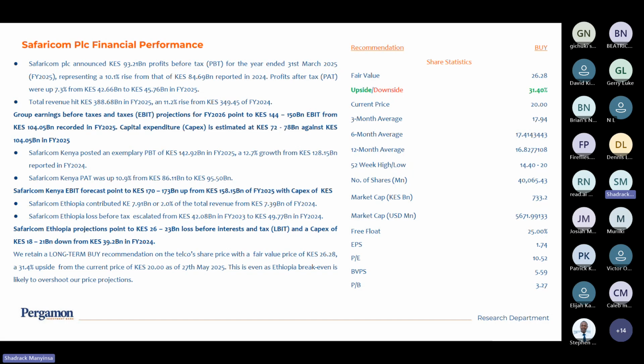The company itself gives some good projections, above 130 billion in profit before tax. Now for Safaricom Ethiopia, it is projected that the break-even will still happen in 2027. Remember, that was a revision from 2026, which was projected around 2023.